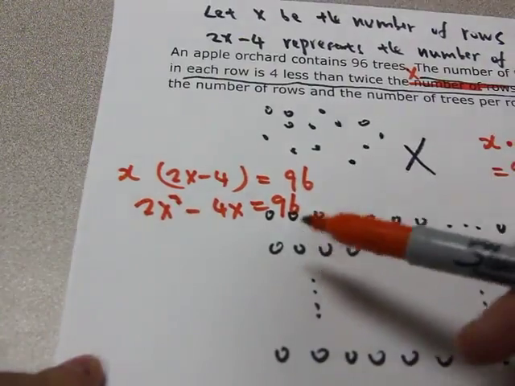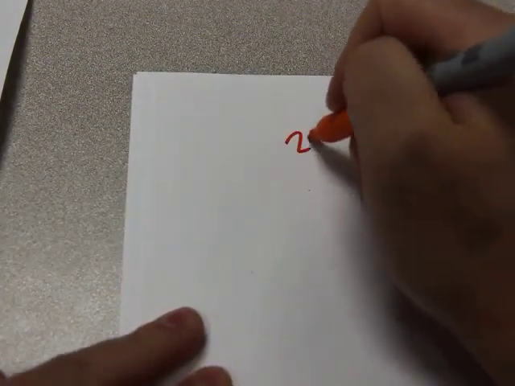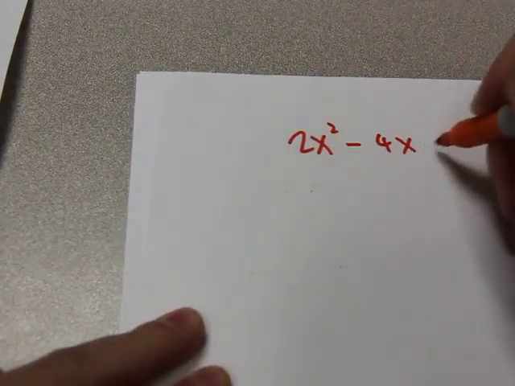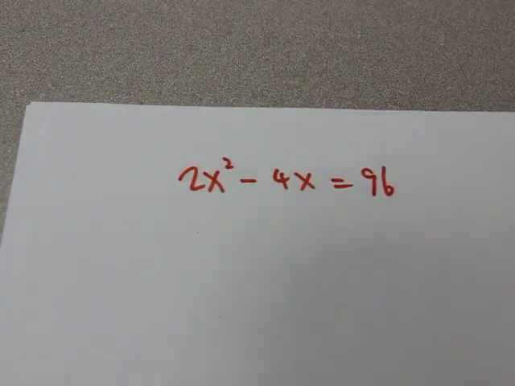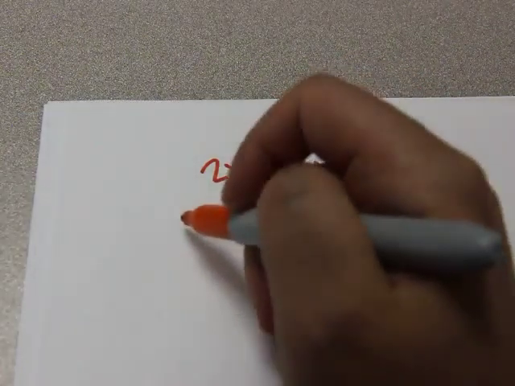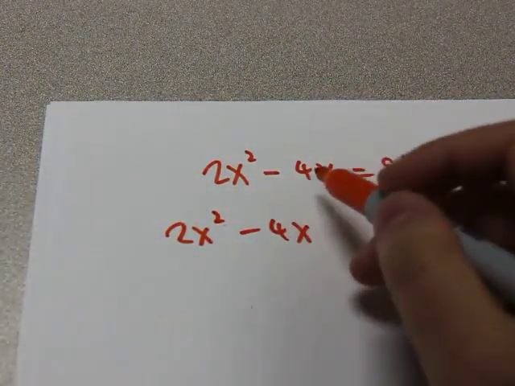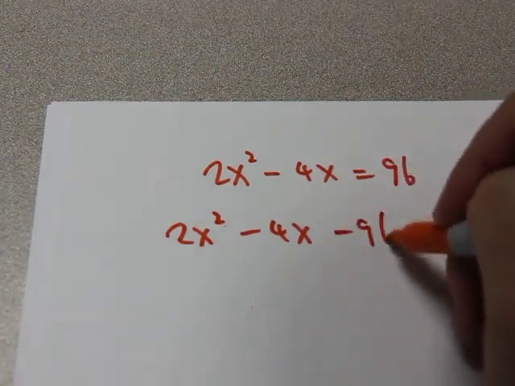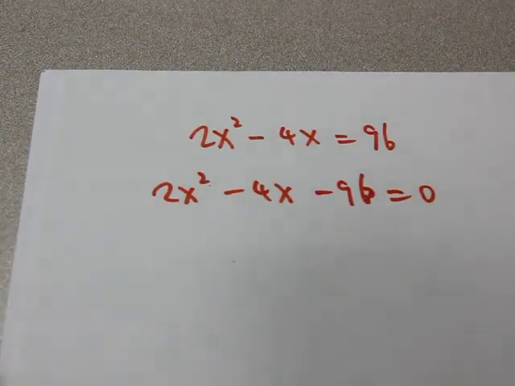Now, this equation is a quadratic equation, right? Okay. And in the previous section, we learned how to solve a quadratic equation. So first, we're going to bring this number to the left-hand side. Now let's see.